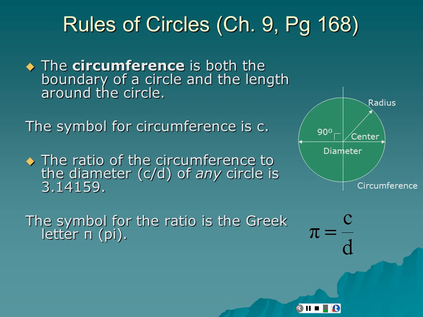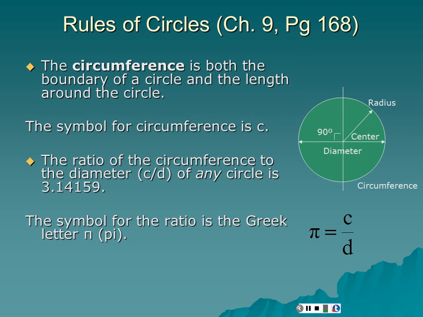And what is interesting is that there is a ratio of the circumference to its diameter, which is always 3.14159. That means if you divide the circumference of a circle, let's say the circumference is something like 3.6 centimeters, inches, whatever, by the diameter of the circle, it will always be 3.14159.